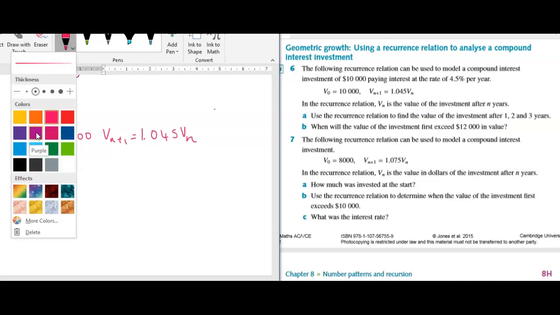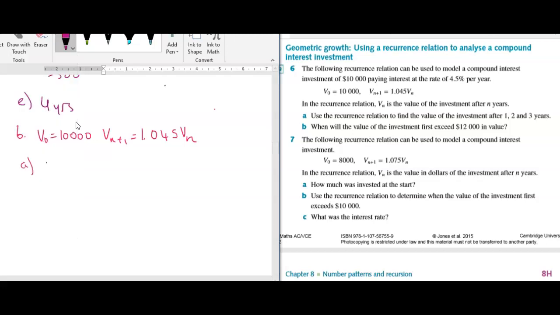All right, so we've got to use that recurrence relation for the first 3 years. So V1, I'll start off with V0, sorry, 10,000. So V1 is 1.045 times 10,000. And I'm just going to save time by putting in some blanks here, and then we can just do that on the calculator.